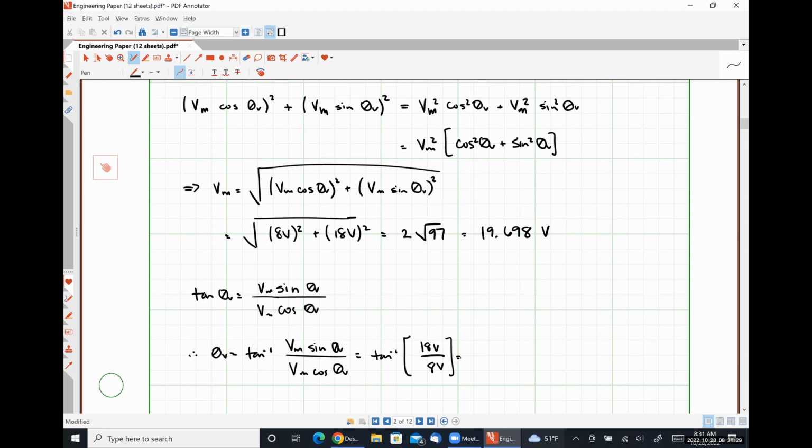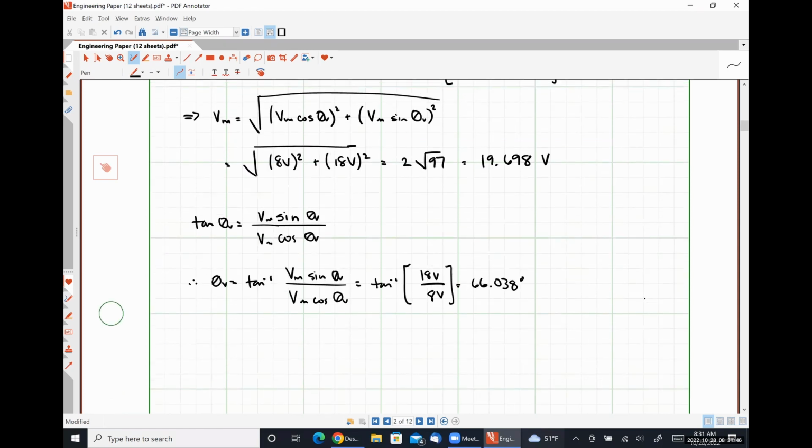So let's see, inverse tangent of 18 over 8. I get 66.038 degrees.